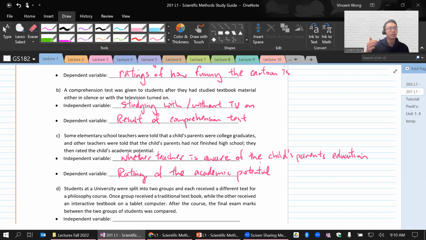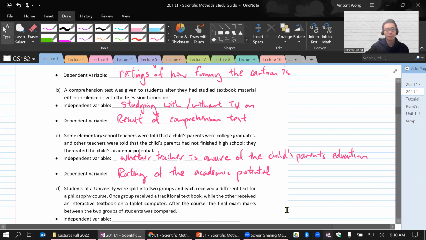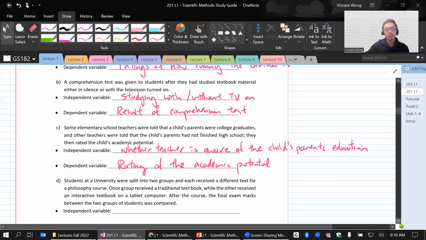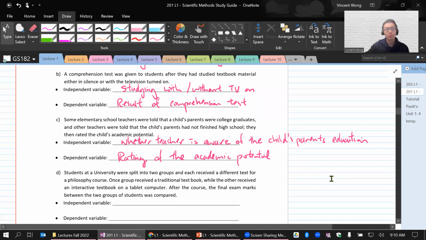Okay, Vincent? Yep. How does the teachers knowing that the kids' parents are college graduates or high school graduates affect the academic potential? I couldn't join the independent variable. I thought the result of the independent variable is the dependent variable, right?